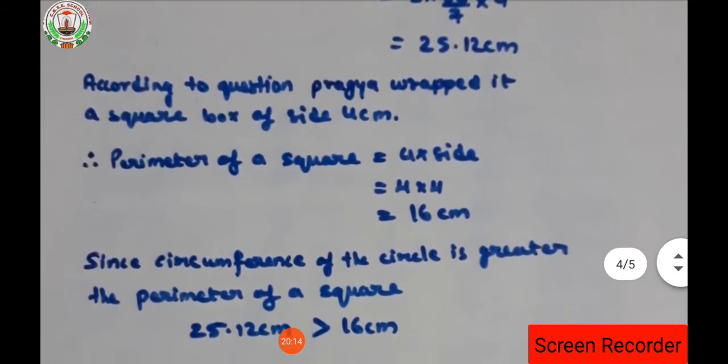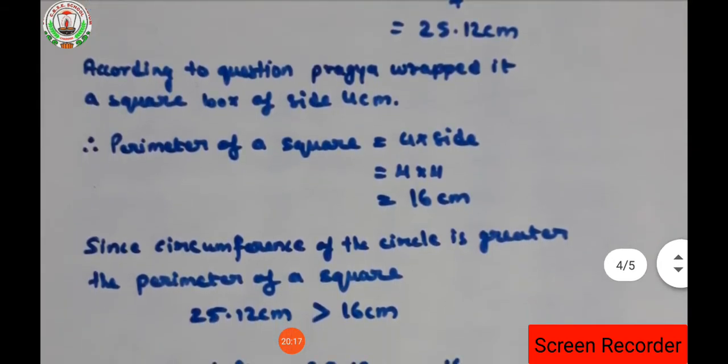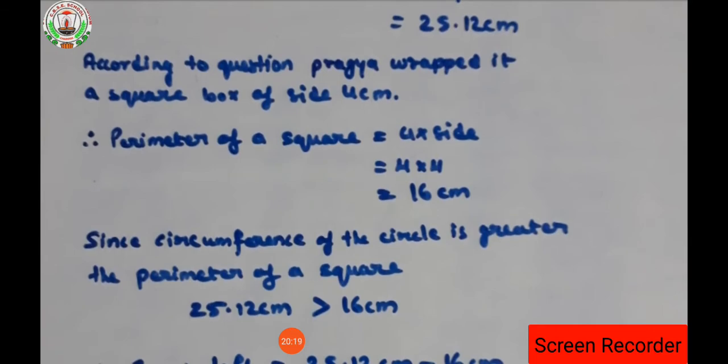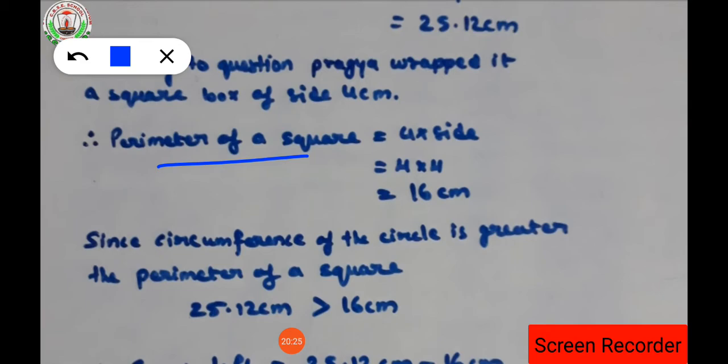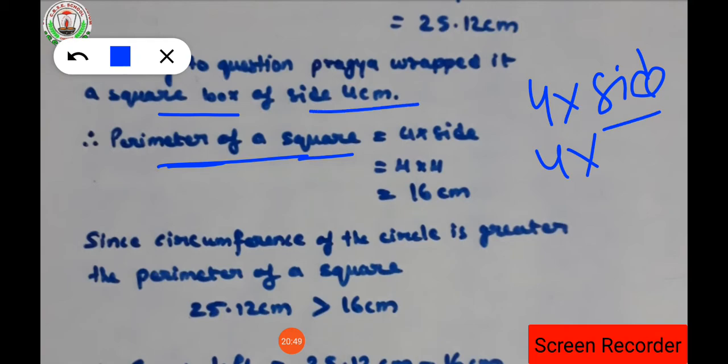Since we had found the circumference of the circle, now we find the perimeter of the square, because the box is wrapped in the form of a square. The formula for perimeter of a square is 4 into side. So 4 into 4 is 16 centimeter.